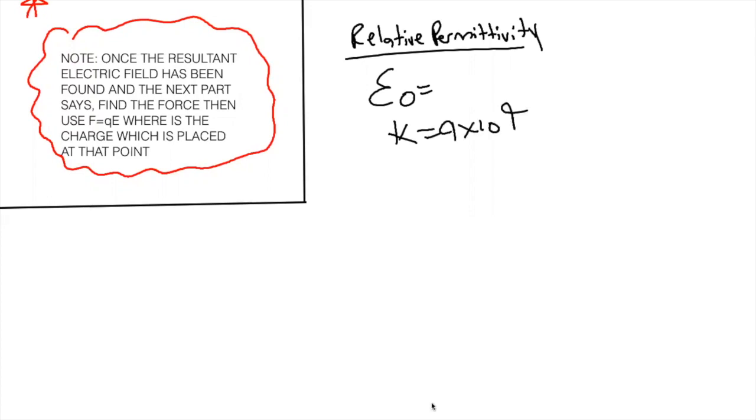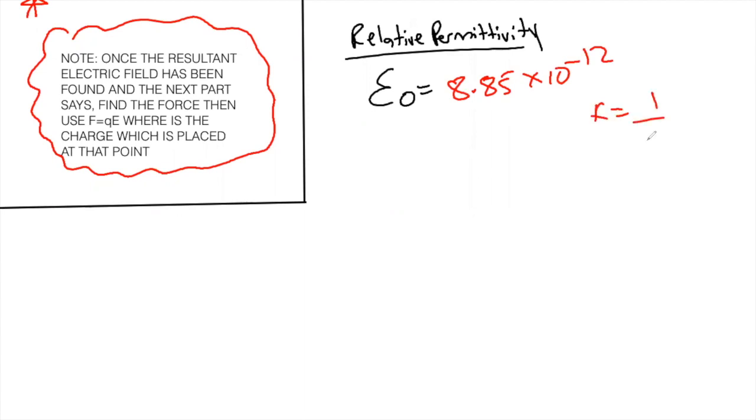And we found K from E naught. Exactly. Good job. It's 8.85 into 10 to the power minus 12. Don't forget it. And if you want to find K, you know that K is 1 divided by 4 pi E naught, and you're going to get the answer.